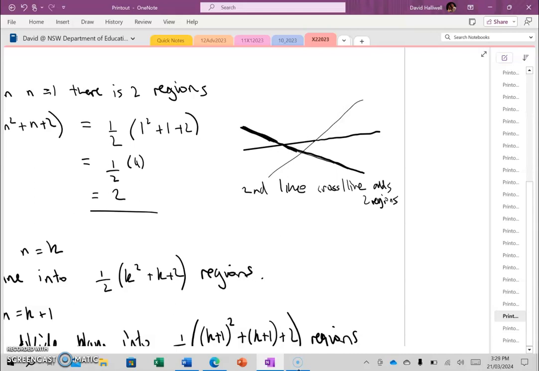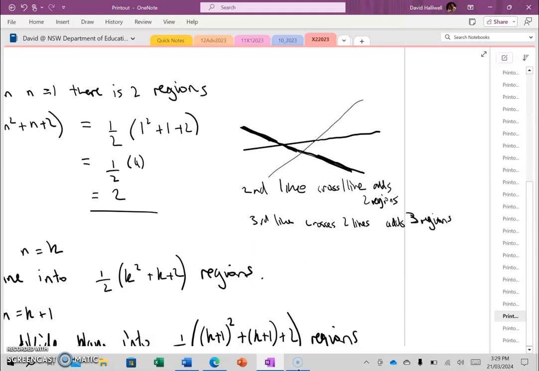And over here, we create another region. So convince yourself that the third line crosses the 2 lines and adds 1 region, and 1 region, and 1 region, 3 regions.